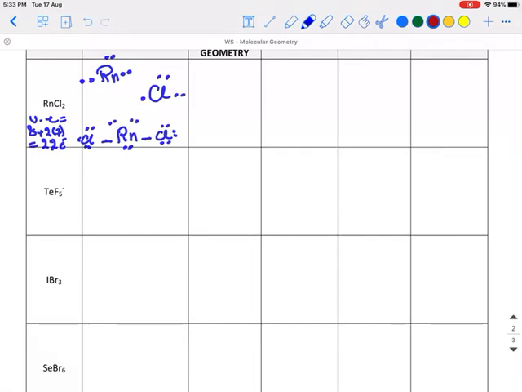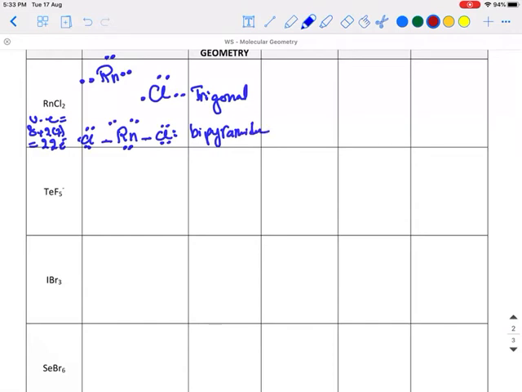We have 1, 2, 3, 4, 5, and there are 3 lone pairs. It means that we have a linear shape for the molecular geometry, and trigonal bipyramidal, as it has 5 regions, for the electron pair geometry.